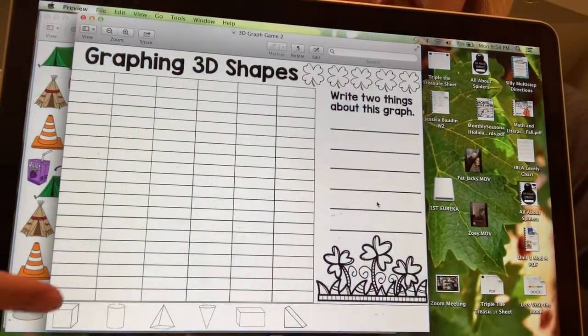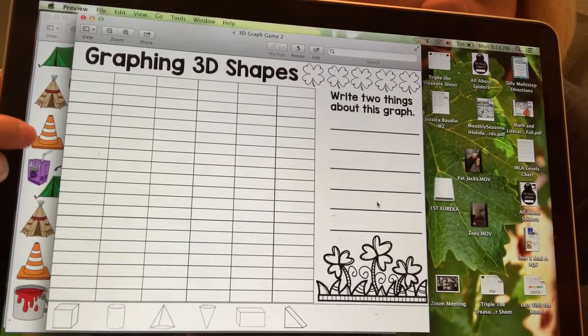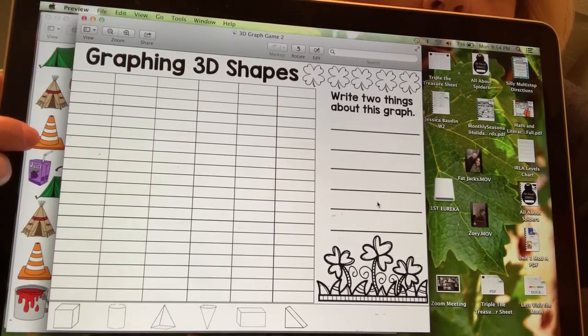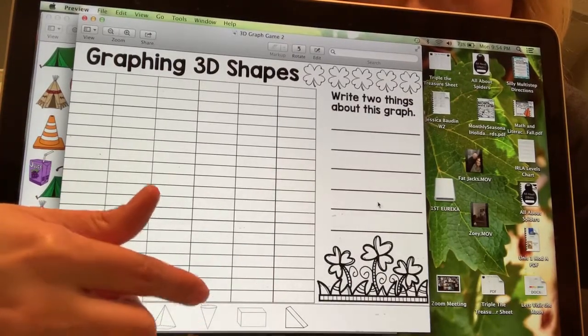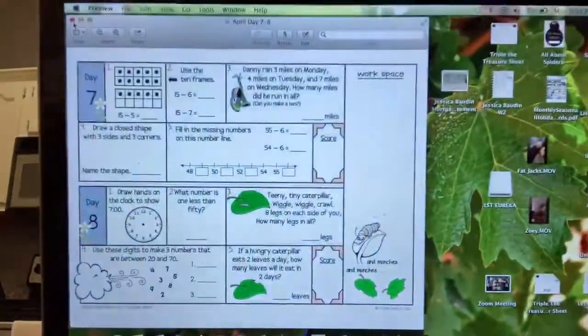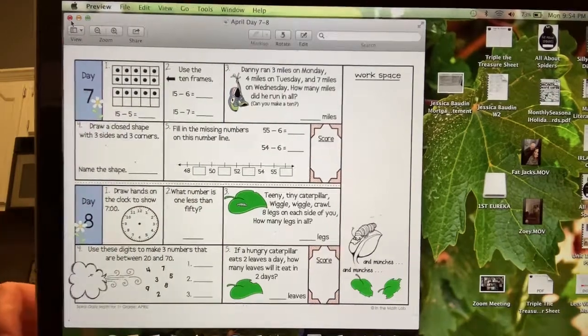They give you the 3D object down here, and you'll have to look at the picture and see, like, here is our cone. And our cone is going to look like the cone, so find them and graph them. And then, of course, I've got your homework for you to do. Yesterday we did day 7. Today we are doing day 8.